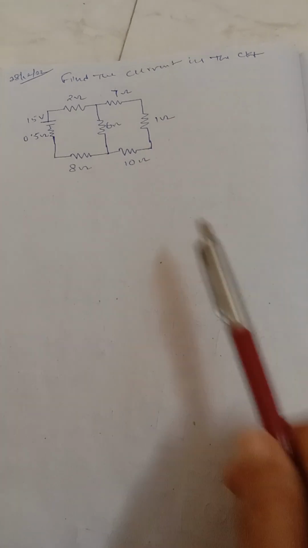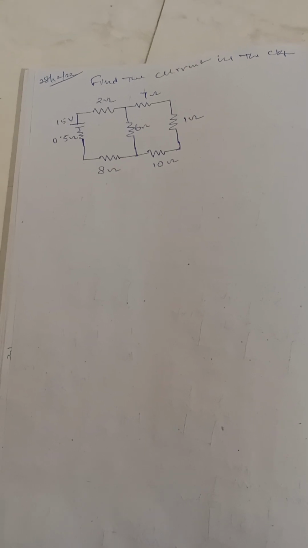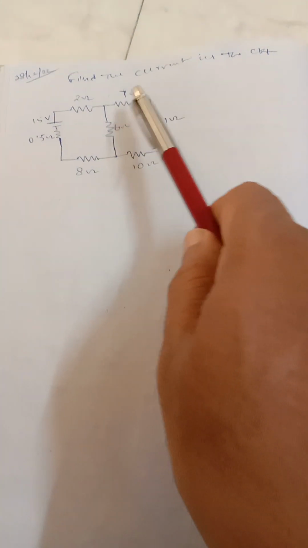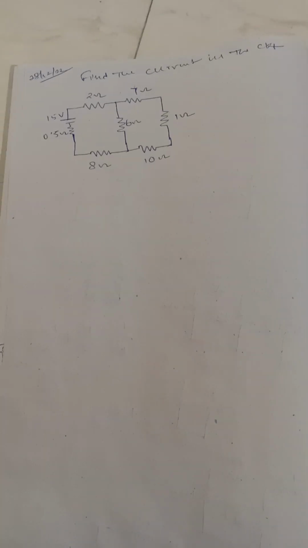But this resultant is connected with the 6 ohms in parallel, end to end. So, these three, 7, 1, 10, are connected in series, and these three ends are connected to the 6 ohms end to end. Therefore, it is parallel.